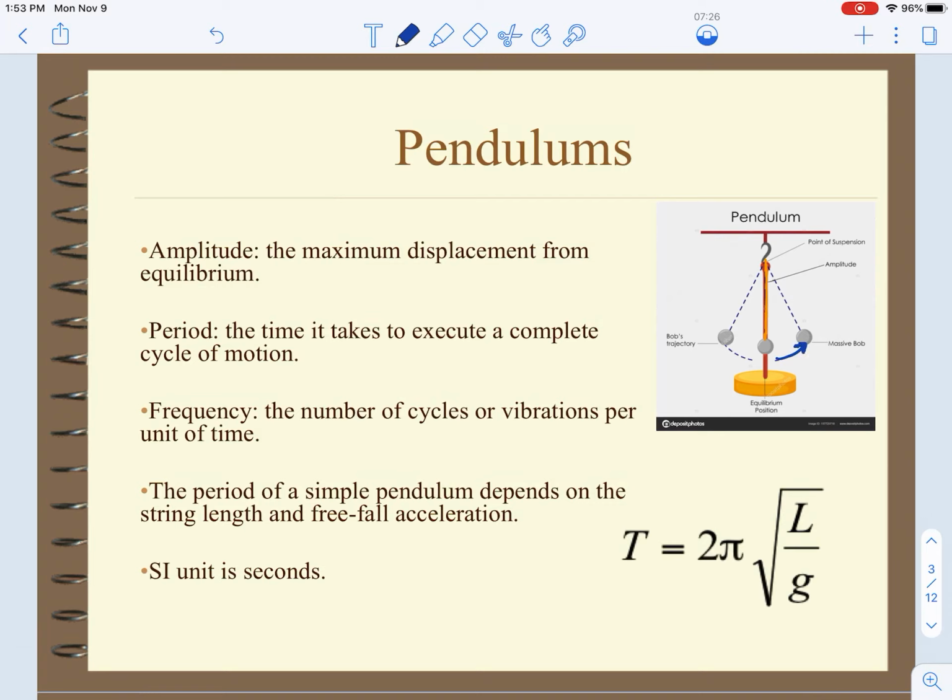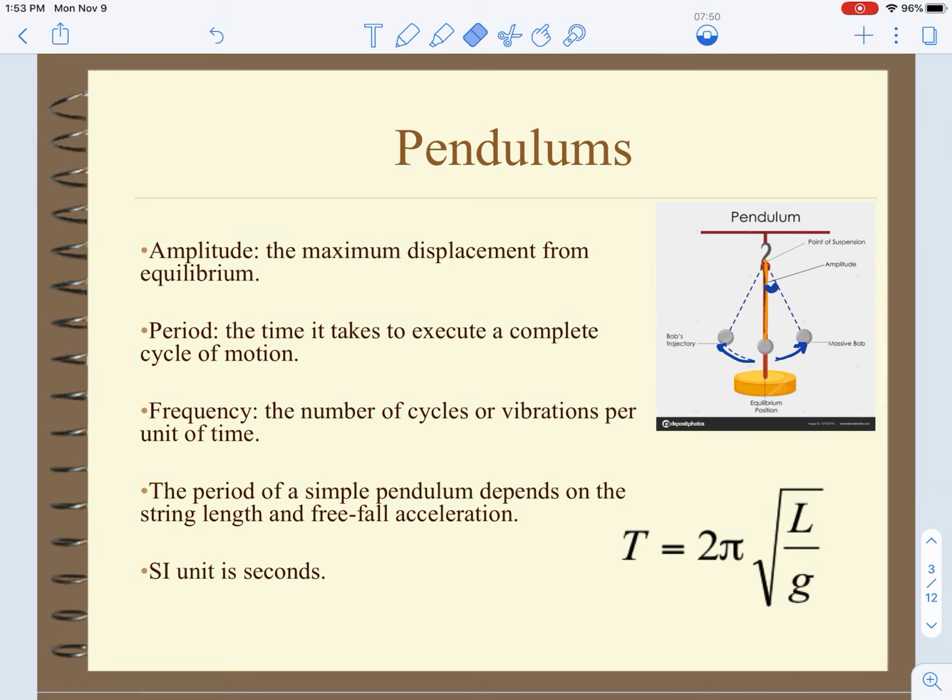It's going to experience a curved displacement. So we are going to measure the displacement when we are dealing with pendulums as an angle. Okay, so this angle here would tell me how much it has moved from that equilibrium position. And if we move it to the left, then we would just simply mark our angle on this side.